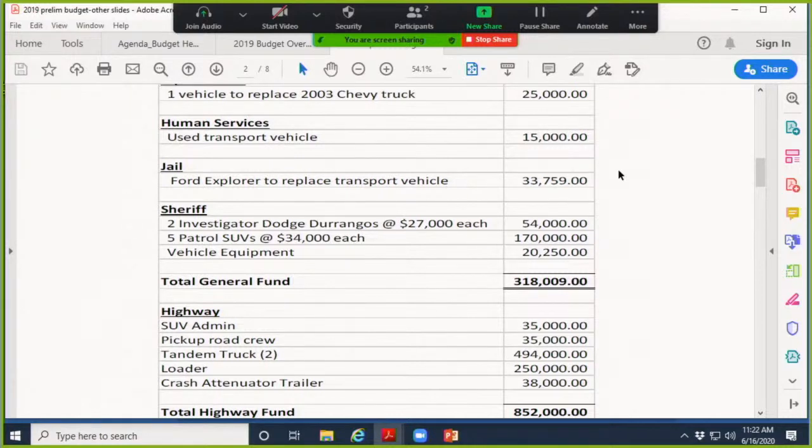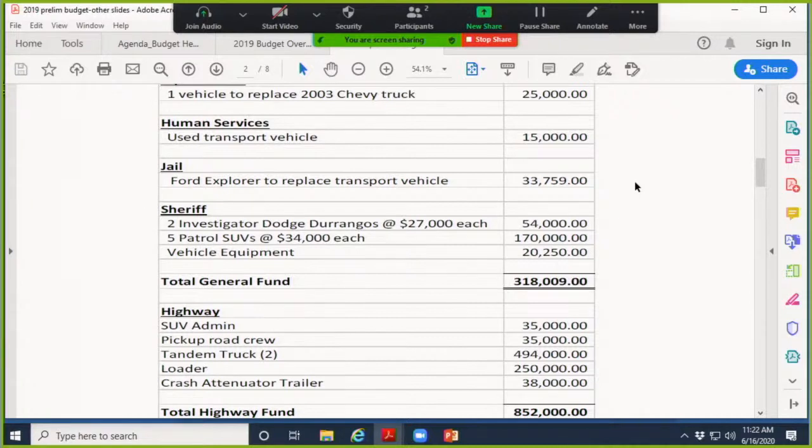I also have a 2003 Chevy Silverado pickup, believe it or not, with 180-some thousand miles on it. The value of that vehicle might be right in that $4,000 range, would be my guess. I see arguments to keep it, as you said, it's probably not going more than 30 miles from home. And if something happens, it can easily be recovered. So I'd be in favor of not replacing that one now. I agree. All right, so we'll take the equalization vehicle off.